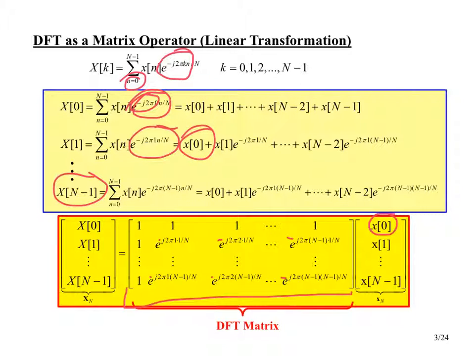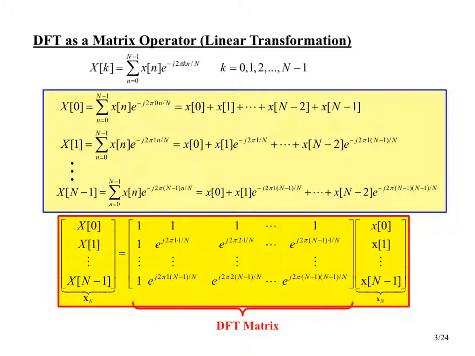So if I want to compute, let me get rid of some of this stuff here. Let me do it this way. So if I want to compute, say, x of 1, I'm going to take x of 0 times a 1. I'm going to take x of 1 times e to the minus j 2 pi 1 times 1 over n, and so on, all the way down to x of n minus 1 times this thing with a negative sign on the j, and so on.